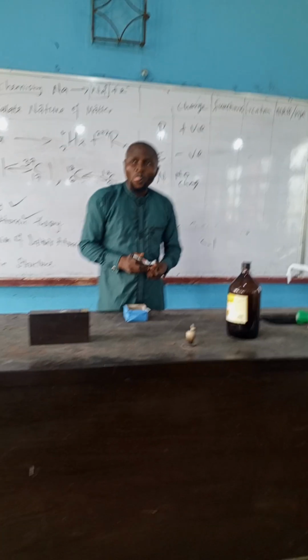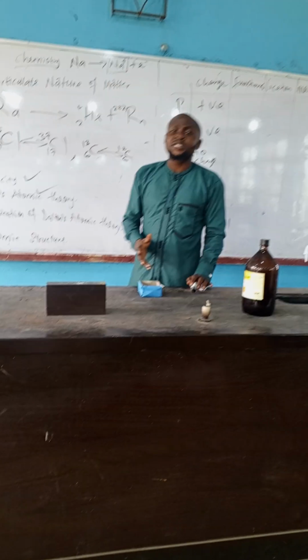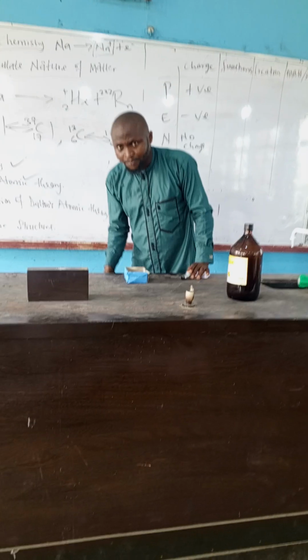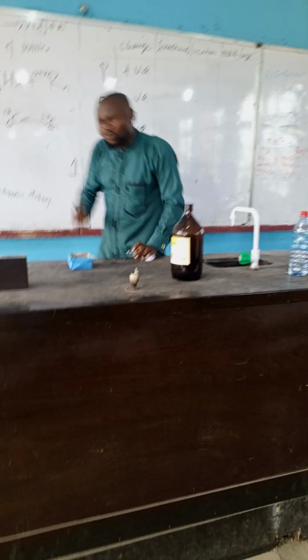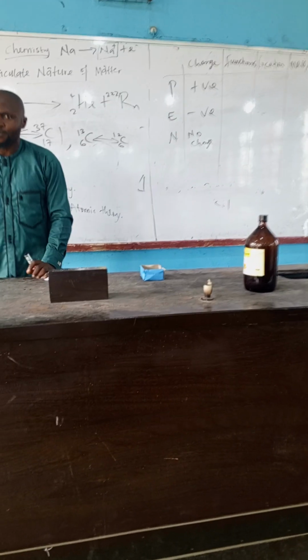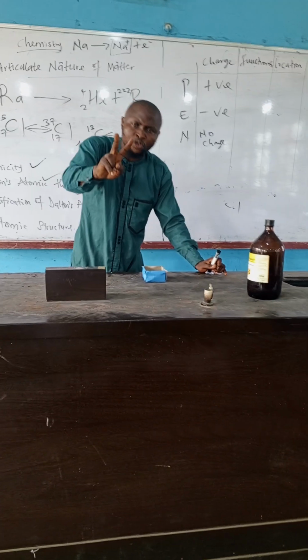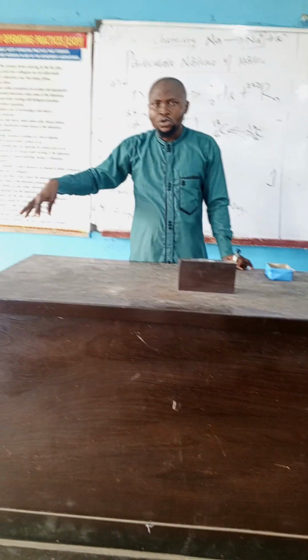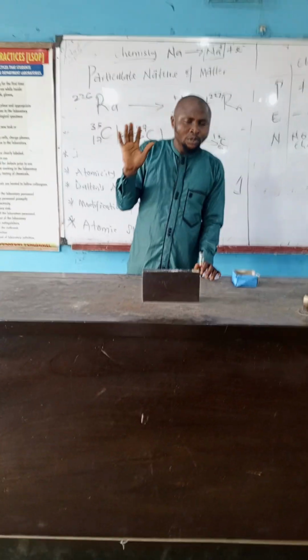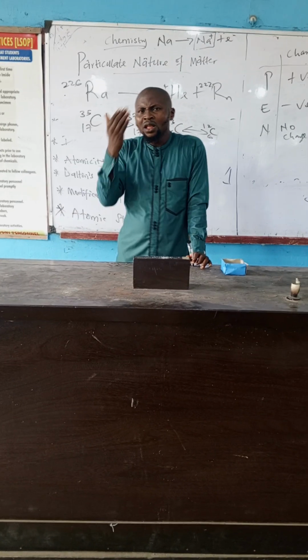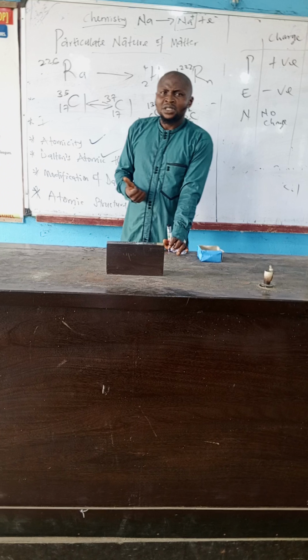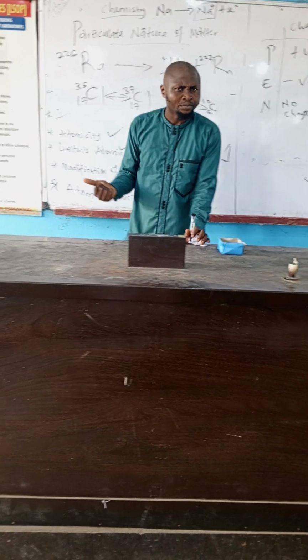The functions. Elements in the periodic table have atomic numbers. Atomic numbers are the direct representation of the number of protons. An element with 1 proton has atomic number 1. An element with 2 protons, atomic number 2. The proton is the atomic number. Just like saying that how old you are depends on how much proton you have.